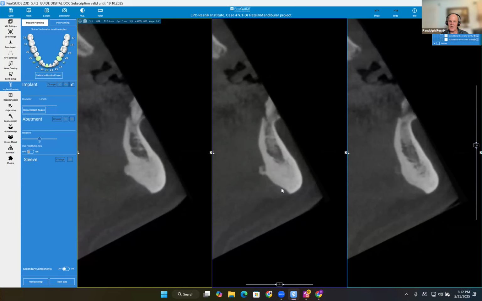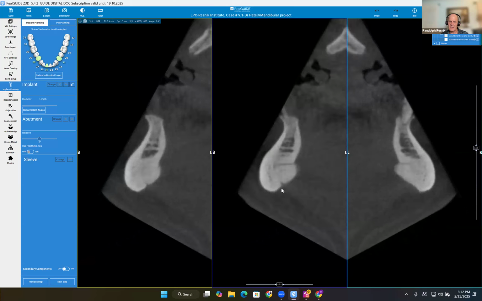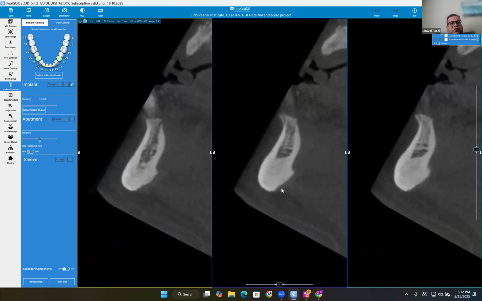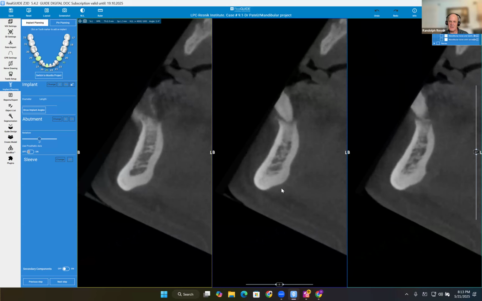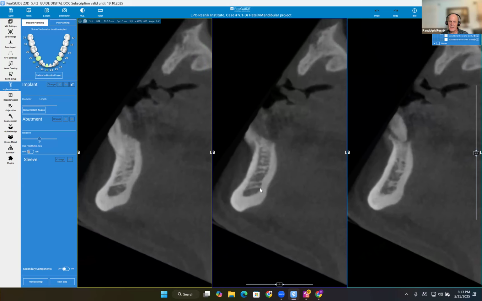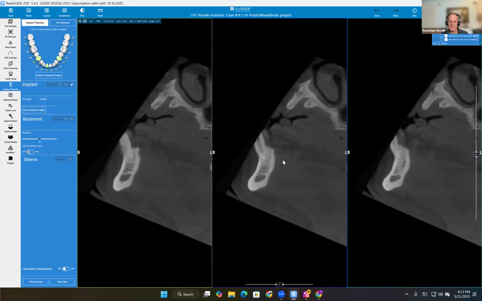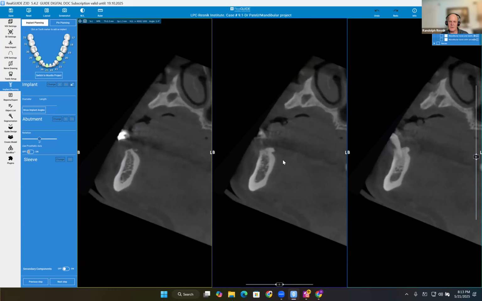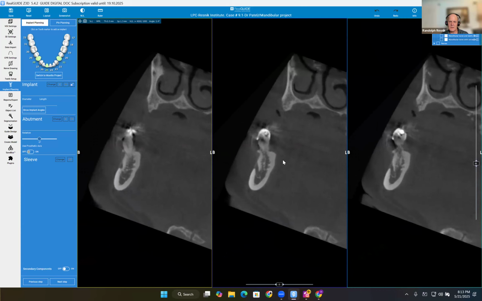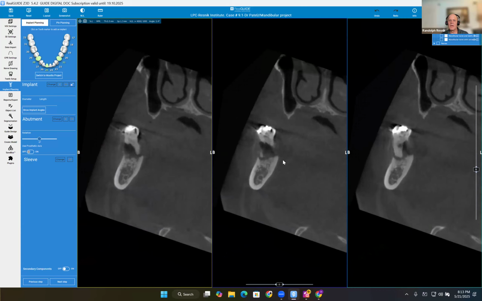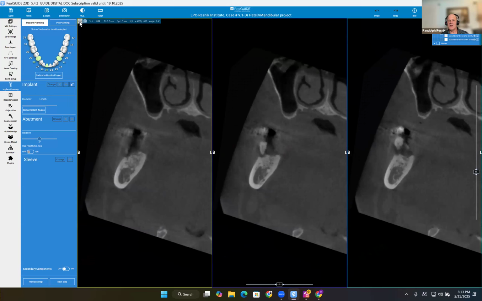Okay. Wow, he is a skeletal class 3, Doc. Yep. He's pretty significant. Look at the maxilla compared to the mandible here. Yeah, which you can fix in a lot of cases. Keep going. Okay. So let's go back to the 3D.